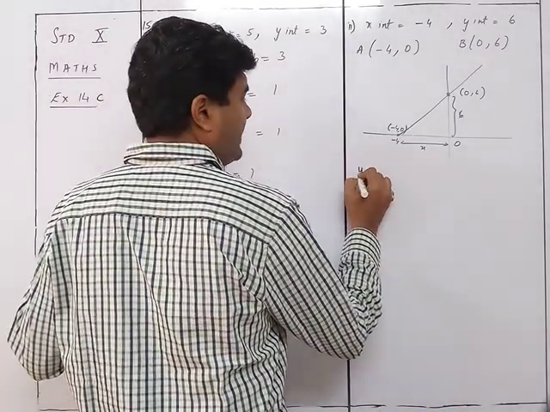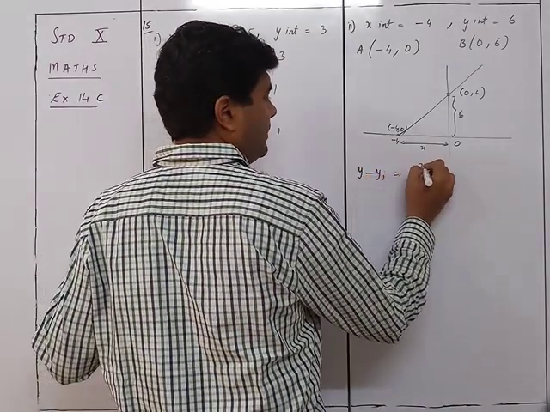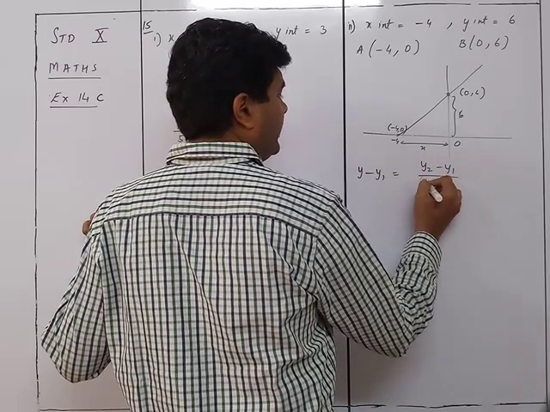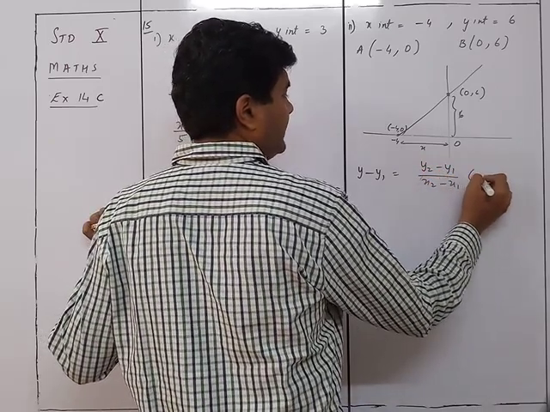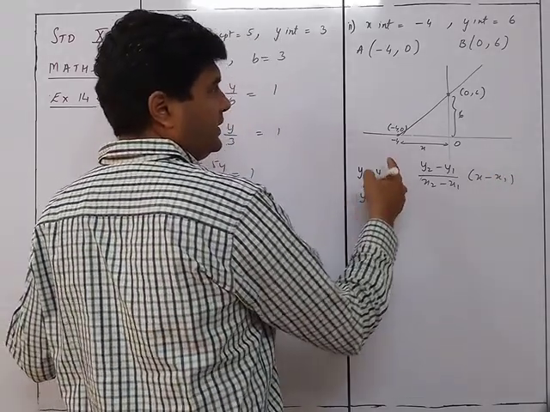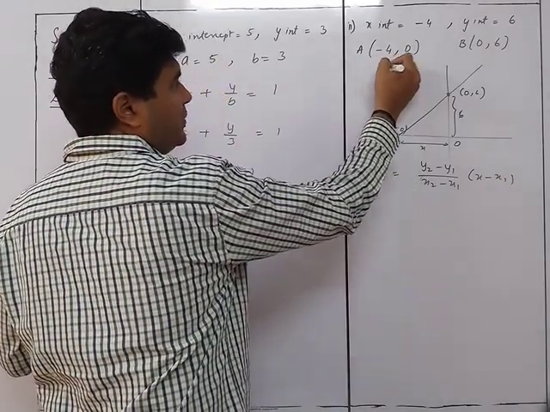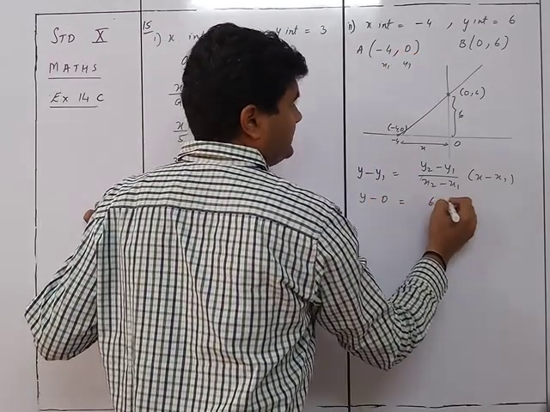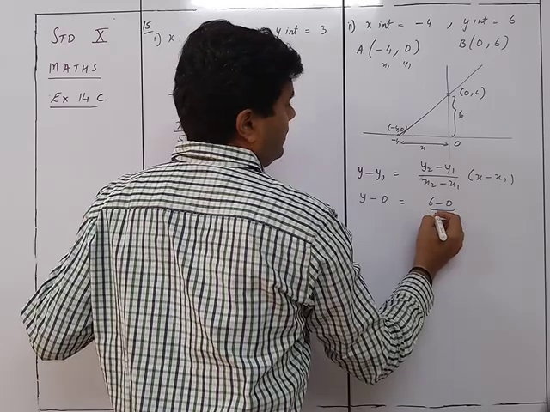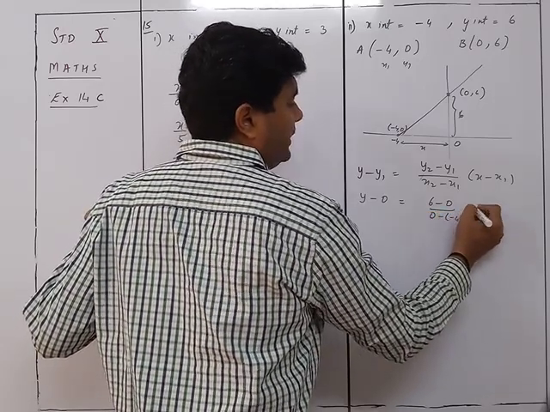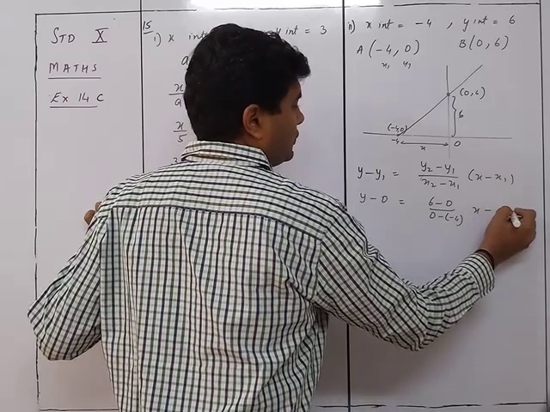So it is y minus y1 is equal to y2 minus y1 upon x2 minus x1, times x minus x1. We'll take this one as x1, y1, so y minus 0 is equal to y2, which is 6 minus 0, upon x2, which is 0 minus of minus 4, times x minus of minus 4.